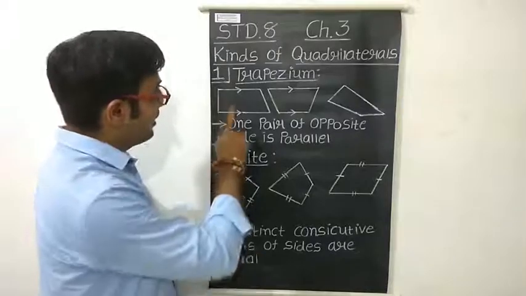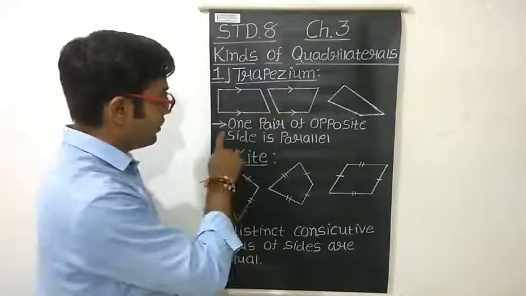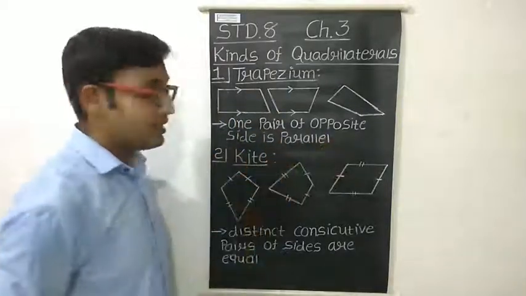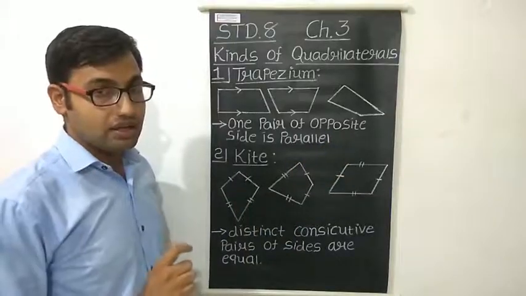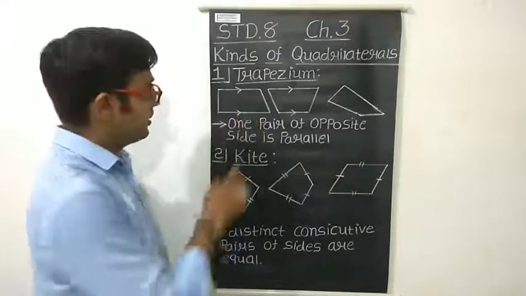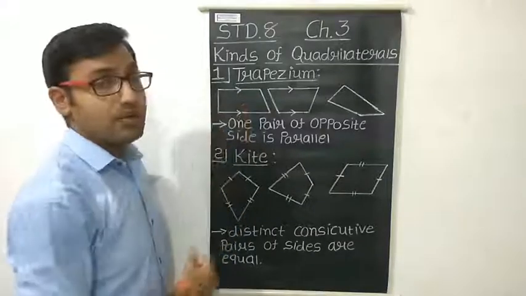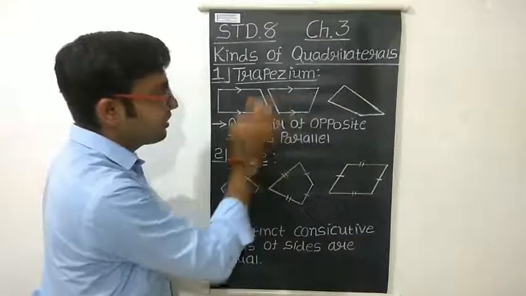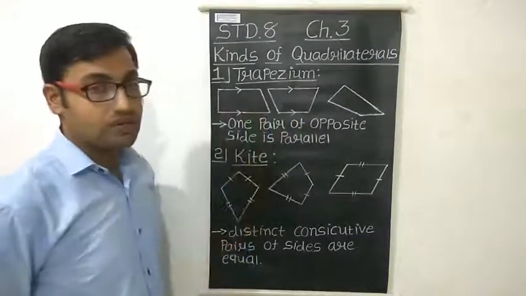So we can say that a trapezium is a quadrilateral in which one pair of opposite sides is parallel. Notice that I am not saying equal, only parallel. Both are parallel but not equal.